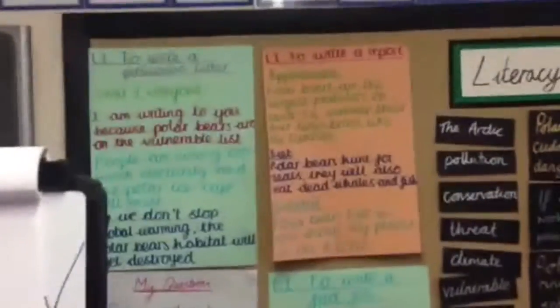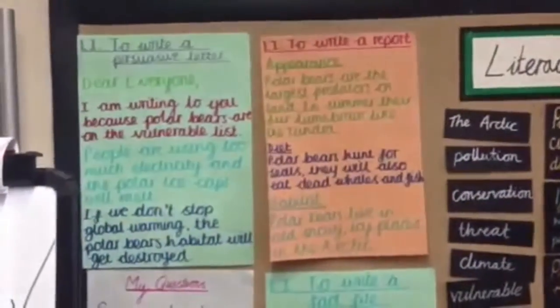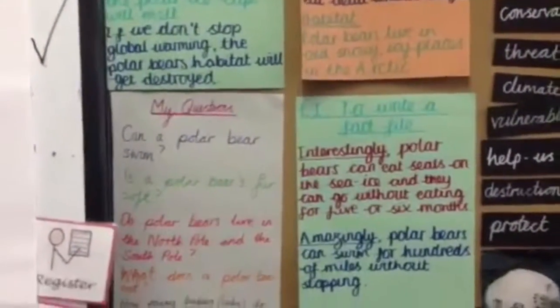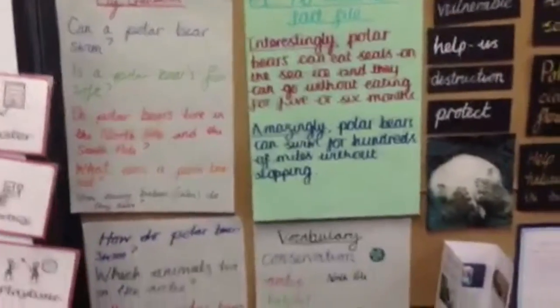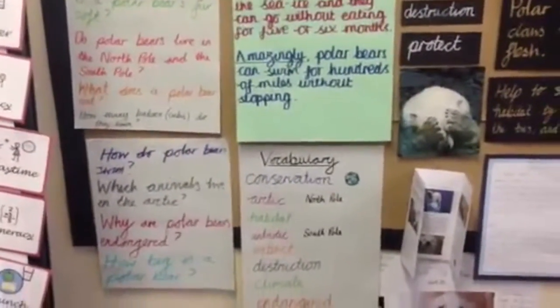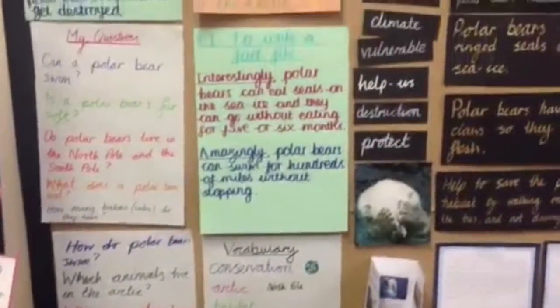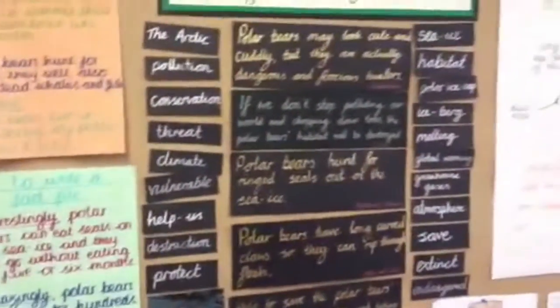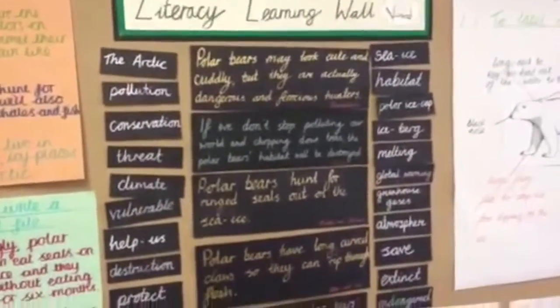They also wrote persuasive letters, and you can see from the learning wall how the language and the features are developed, including the vocabulary, the modelling, and some of our super sentences.